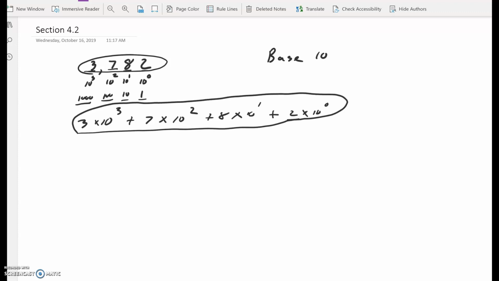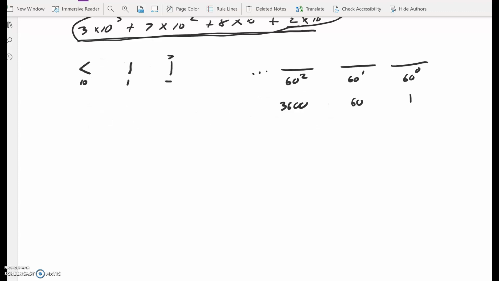One thing that this will help us do very soon in Chapter 4 is it'll help us work with other bases, because if you understand this about base 10, then base 7 and base 6 and base 2 are no big mysteries. So let's start moving to other bases. Our book moves us to the Babylonian system from way before Christ was born, and it's based on base 60.